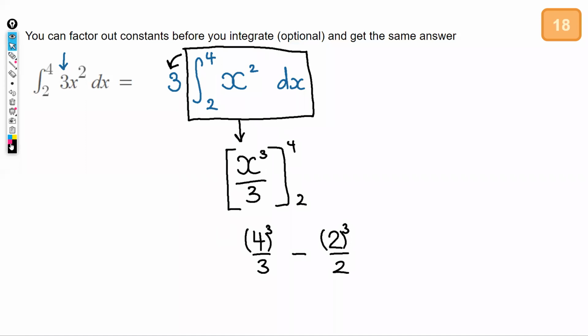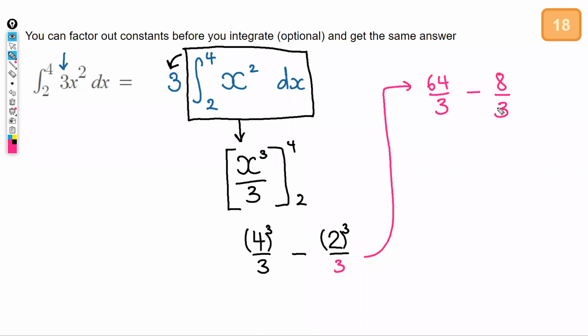Work that out. Running out of space, so let's move it up here. You're going to get 64 on 3 minus, I make a small mistake, there's always going to be a 3 underneath here, divided by 8 on 3.